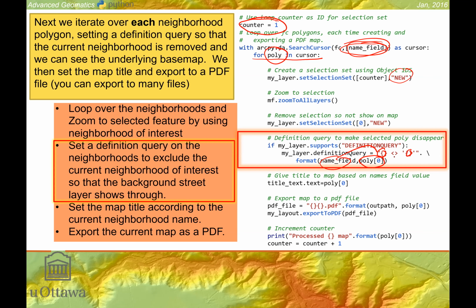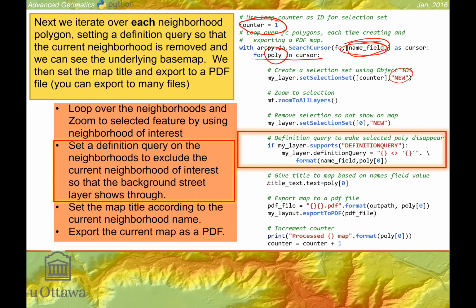And that goes in the second squiggly brace right there in single quotes to make it a proper query. And remember, name field is already delimited earlier. So that removes then the polygon of interest from our view.